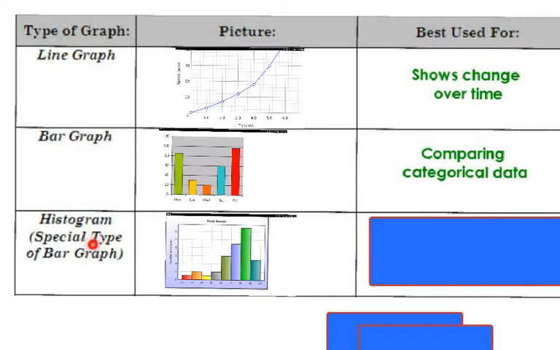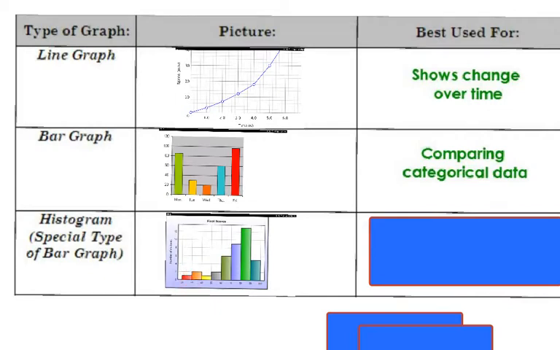So a histogram is a special type of bar graph. It's one where you are measuring increments. So here, if we look at the bottom, this is final scores. If somebody scored a 1, then there was one student that scored in the 20s to the 30s.